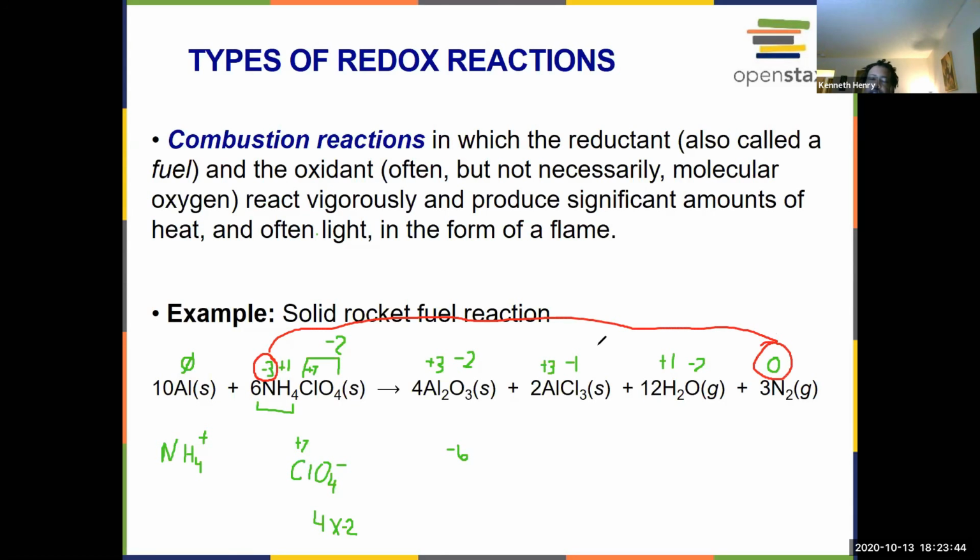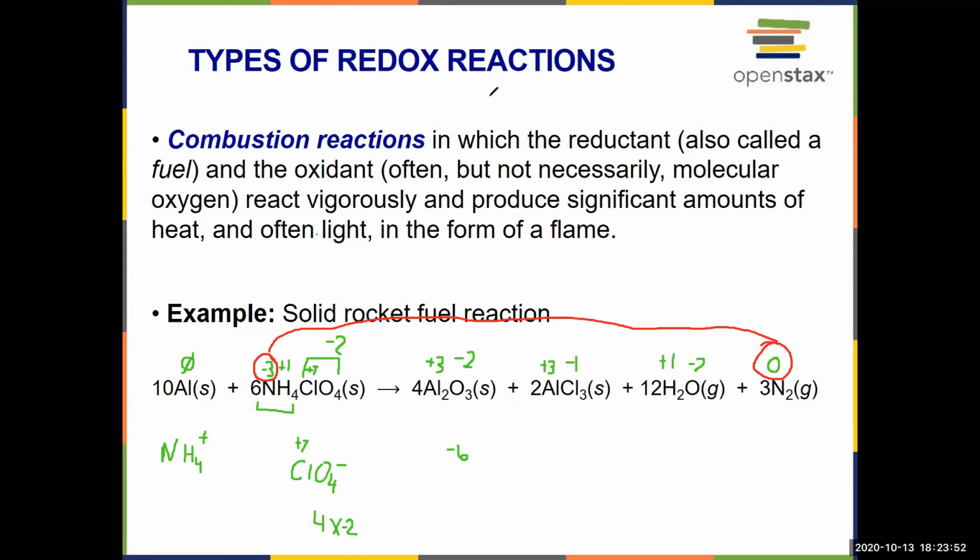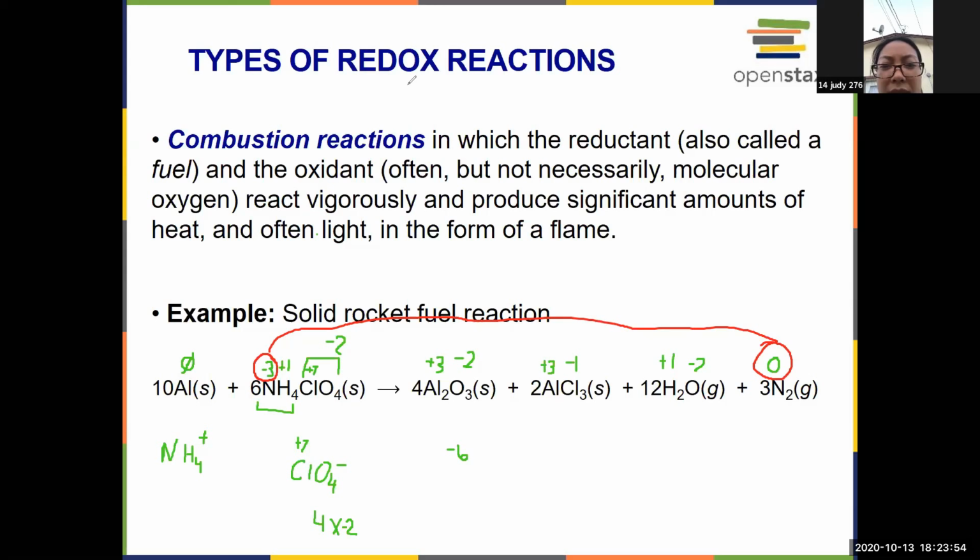Is that going to be reduced or oxidized? Oxidized. Are you sure? Yes. Oxidized. Loss of electrons, that's right. It's being oxidized.